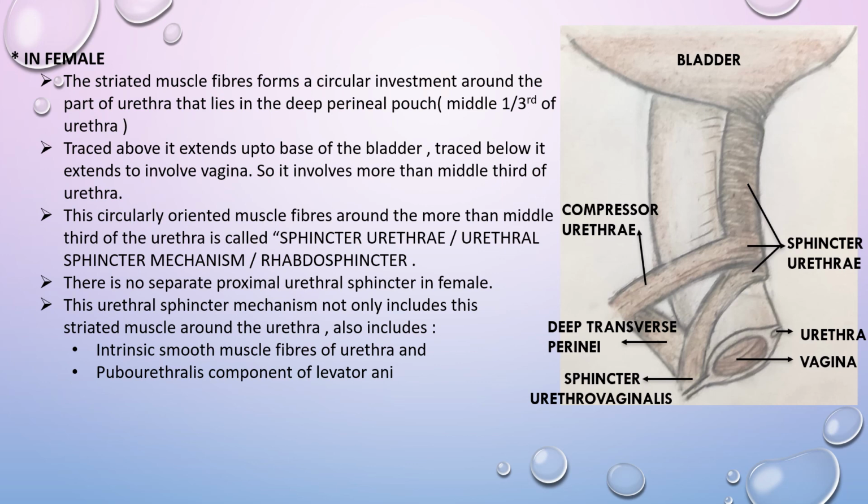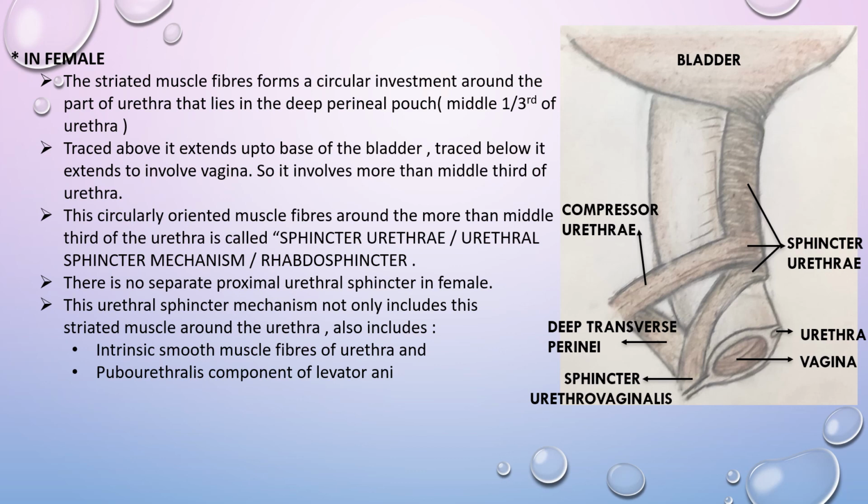So, it involves more than the middle third of the urethra. In this diagram, you can appreciate the sphincter urethrae forming a circular investment around the urethra in the deep perineal pouch. Tracing above, you can appreciate the sphincter urethrae extend up to the base of the bladder. If you trace below, part of the fibers also extend around the vagina.